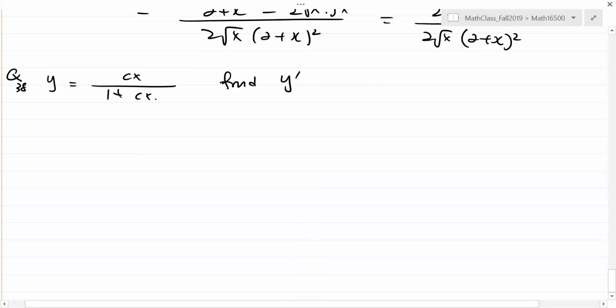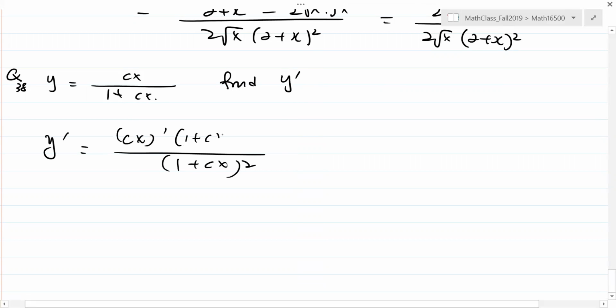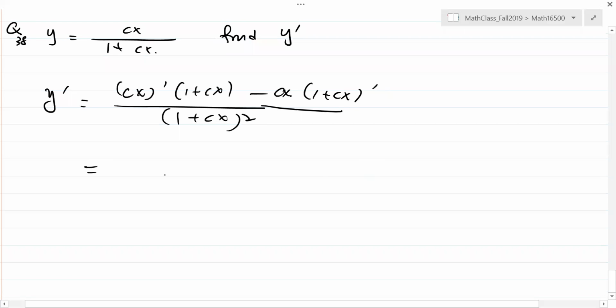All right, the answer should be pretty simple. Okay, so y prime is (1 plus cx) squared, cx prime times (1 plus cx), right? I did it fast. Cx times (1 plus cx) prime. That's just the quotient rule formula. So 1 plus cx squared, and the derivative of cx is just c, minus cx.